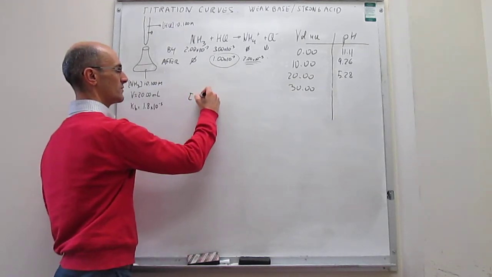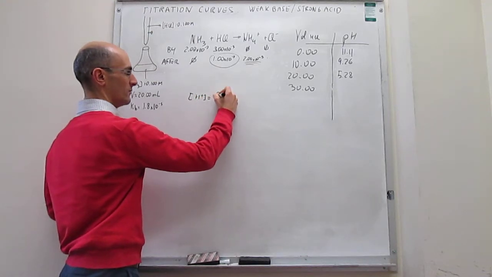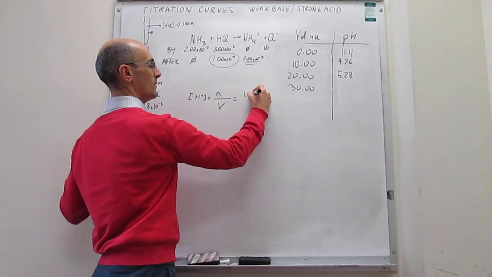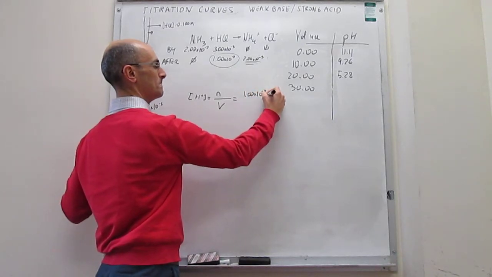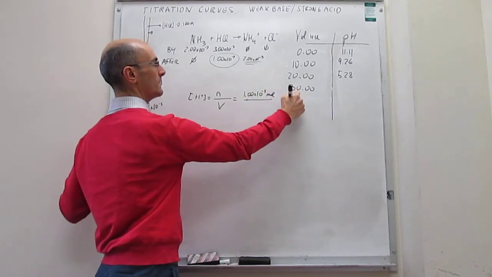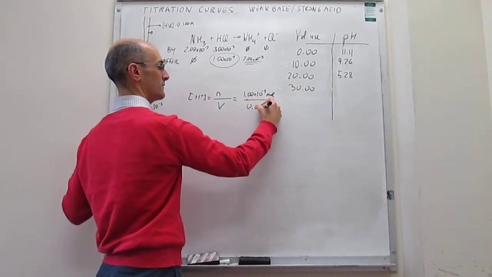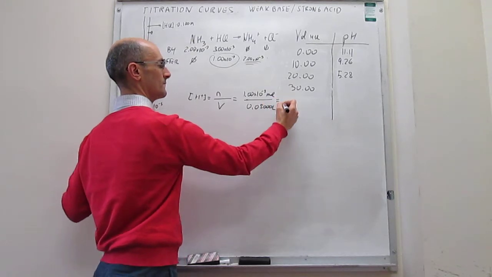The calculation is then straightforward. The concentration of protons is simply the number of moles over the volume. The number of moles will be 1.00×10^-3, and the volume will be 30 mL plus the 20 mL that you had initially, which is 50 mL.